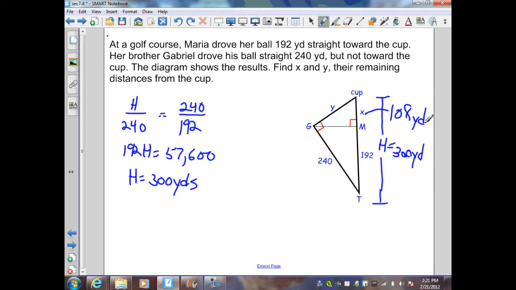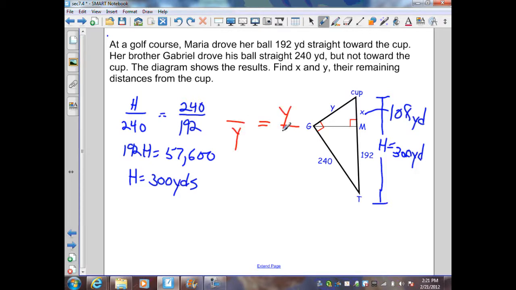Now I can use the same corollary 2, but using that with our other unknown variable, y. Therefore, each leg is the geometric mean. Y is the leg.